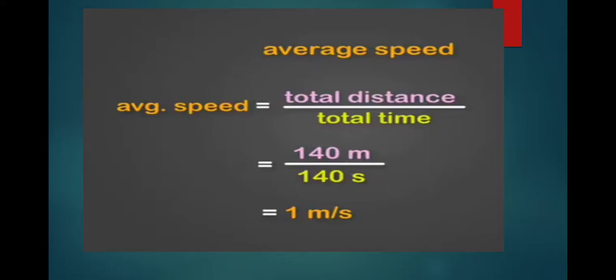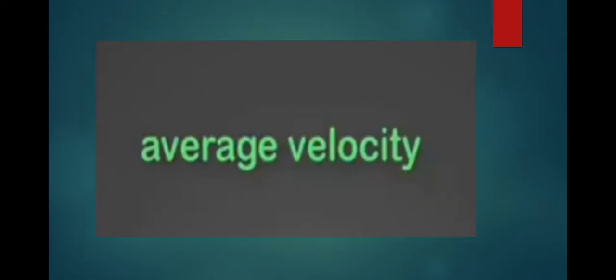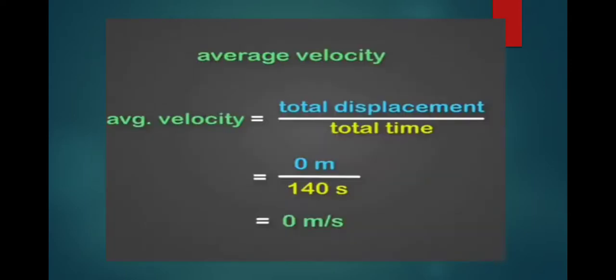And what is the total distance? Distance here is 140 meters. And what's the total time? It was 100 seconds and 0 seconds and 40 seconds. So your average speed is going to work out to be 1 meter per second.